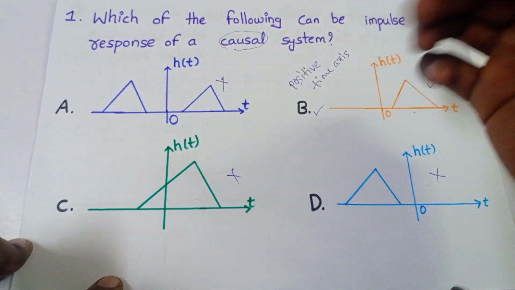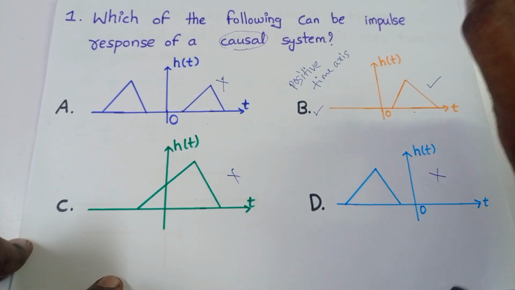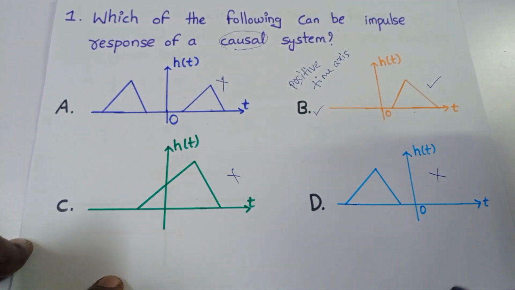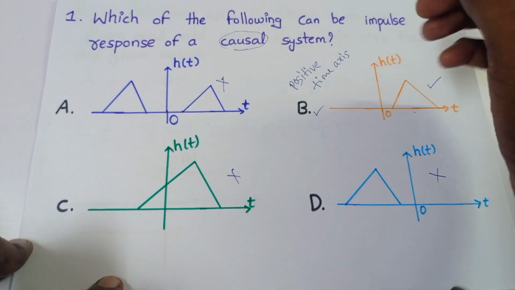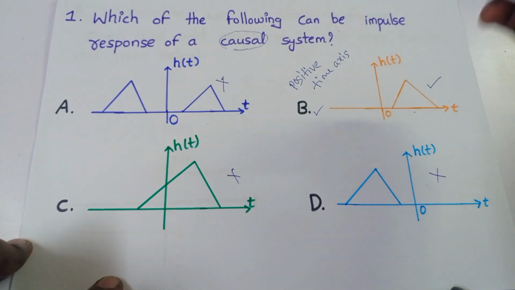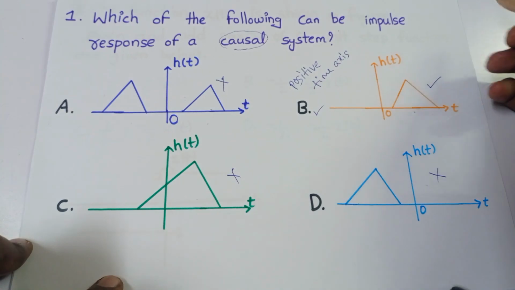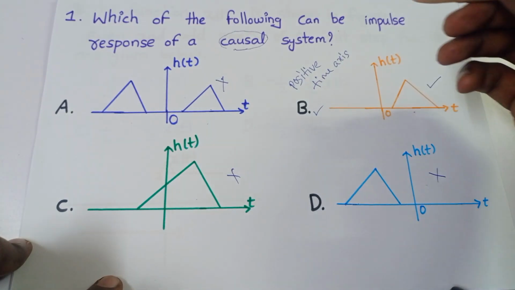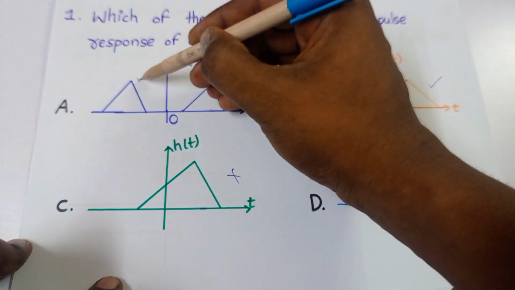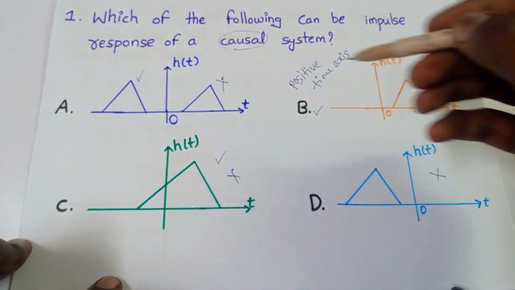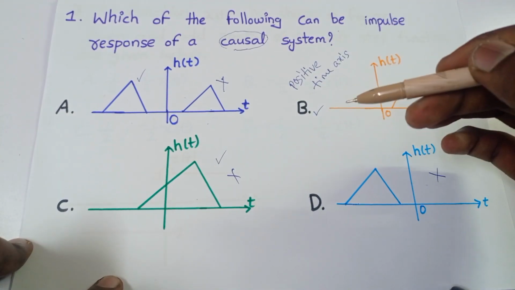For a causal system we can simply say if the impulse response is only present in the positive time axis, then that is a causal system. If the impulse response is present in both positive and negative time axis, then that system is called a non-causal system. Here option A and option C are the examples of non-causal systems.